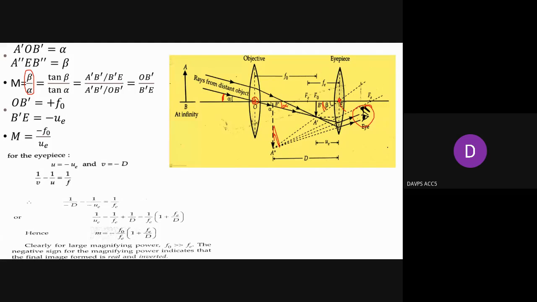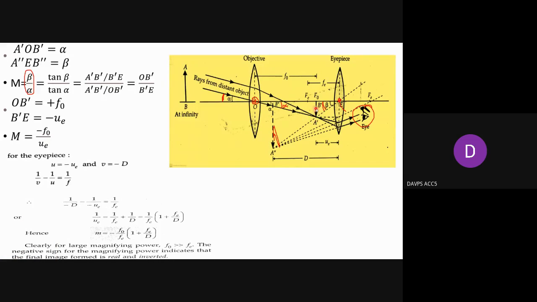And what is tan beta from this triangle? If you talk about this triangle, tan beta equals A dash B dash by B dash E. I will show you with my pointer which triangle I am taking.